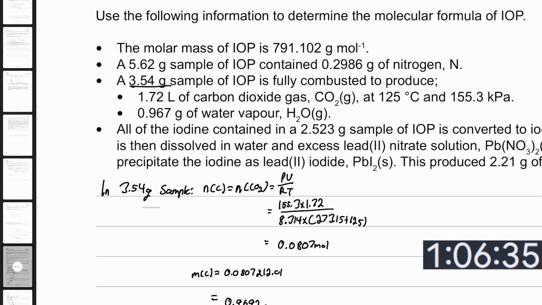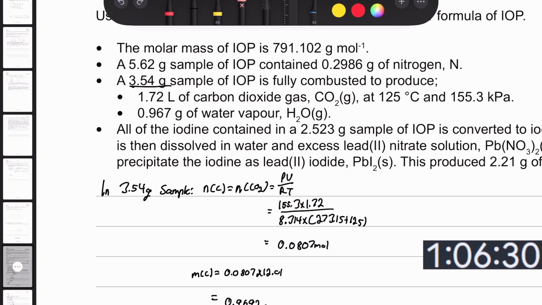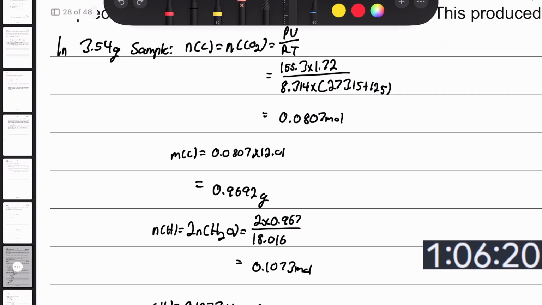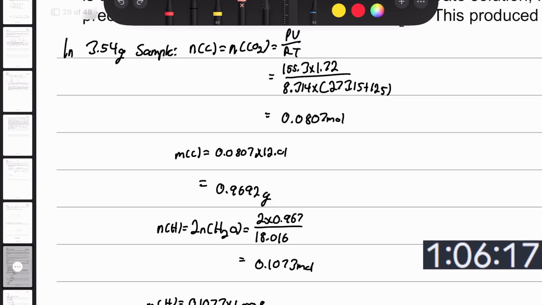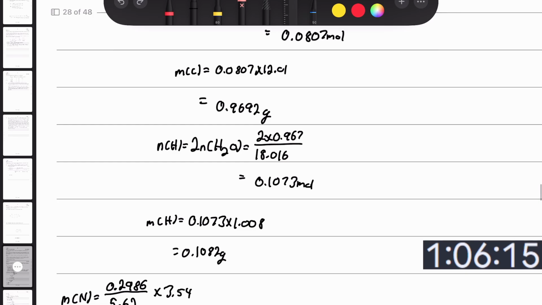155.3 times 1.72 times 8.314 times 273.15 plus 125. 0.0807 times 12.01 is 0.099692.